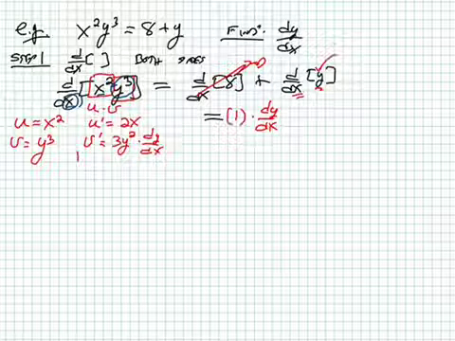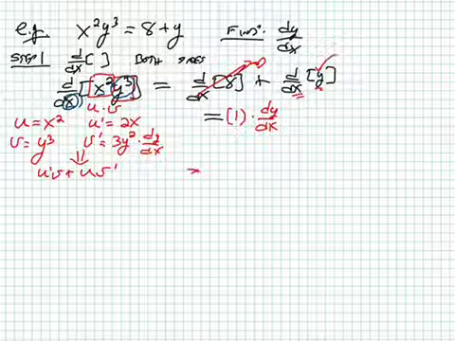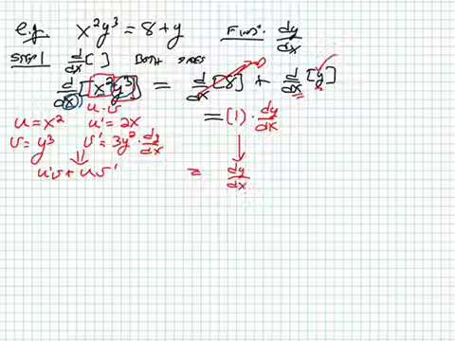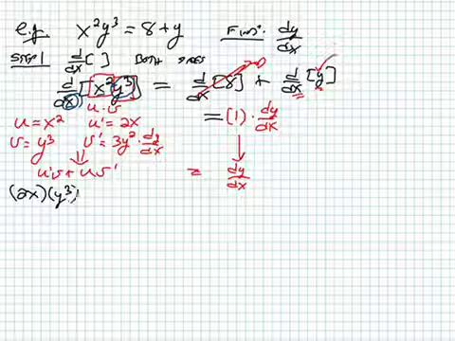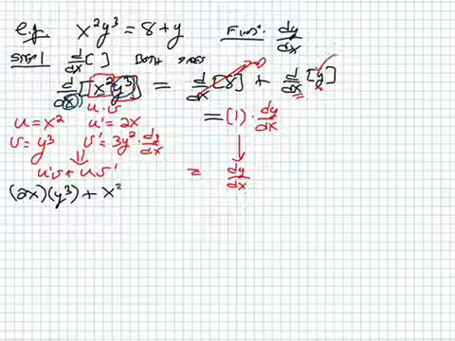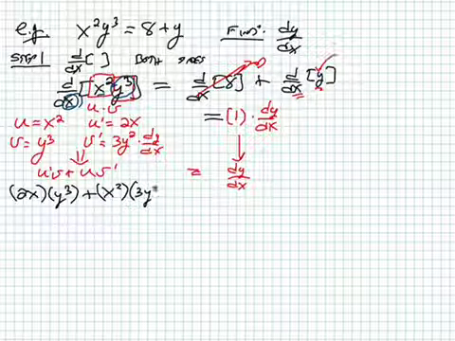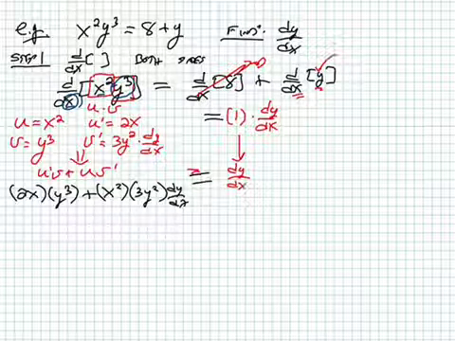So the whole left-hand side is going to be the product rule, u prime v plus u v prime, and that's equal to the right-hand side, which in this case was dy/dx. So I'm going to put in my values here. u prime is 2x times v, which is y cubed, plus u, which is x squared, times v prime, which is 3y squared times dy/dx. And that's all equal to dy/dx.